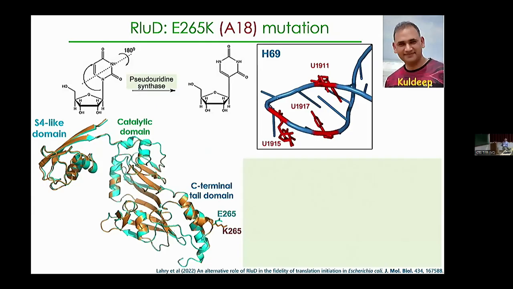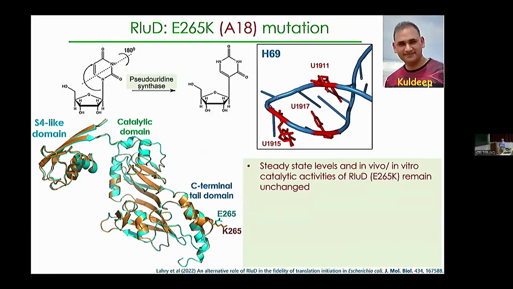This RluD actually works on helix 69, which is a very crucial helix. It docks onto helix 44 of 30S and makes the bridge B2A, which is a very, very important bridge in the ribosome. So all of these three positions are modified by the single enzyme RluD from U to pseudoU.